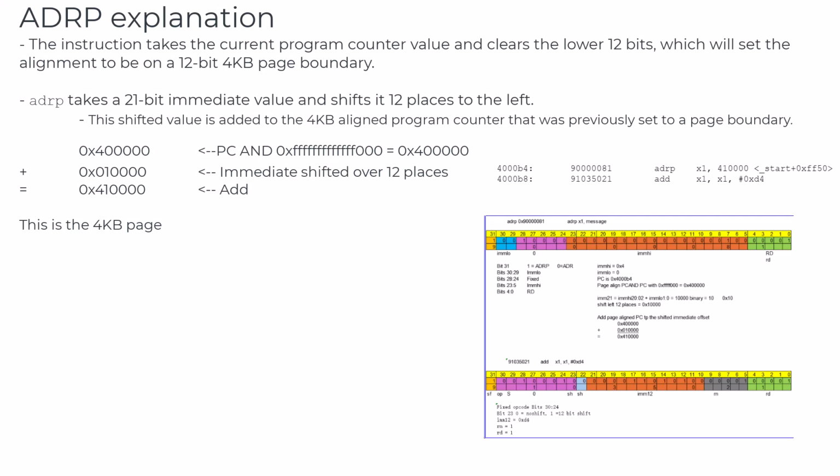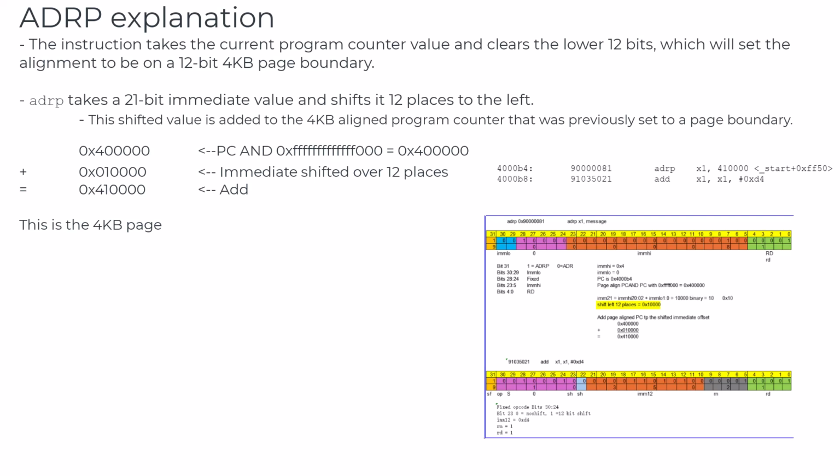Looking at the bit field breakdown, bits 23 through 5 represent the high part of the immediate bits, 19 bits in total. Bits 30 through 29 represent the low part of the immediate bits. Combining both fields gives an immediate value of 10000 binary, or 10 hex. This 21-bit value is shifted 12 places to the left, giving a result of 10000 hex.